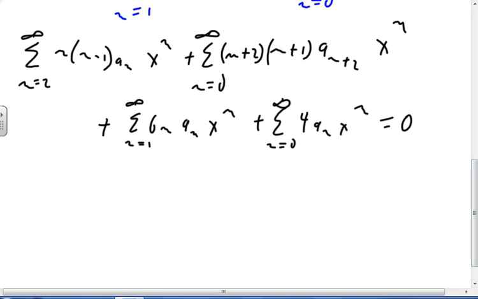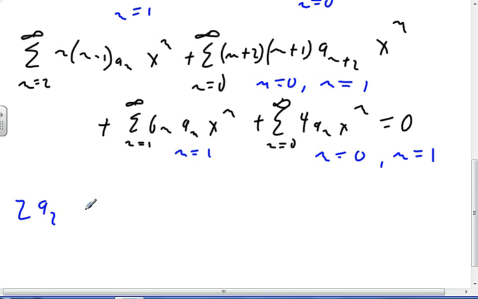Okay, now I'm going to want to start at n is equal to 2, so I want to take the n equal to 0 guy out of here, the n equal 1 guy out of there, the n equal to 1 guy out of here, the n equal to 0, and the n equal to 1 guy out of that guy. Okay, so that's what we're going to do. n is equal to 0, so that's 2 a2, x to the 0, n is equal to 1, plus 3 times 2 is 6, a3x.